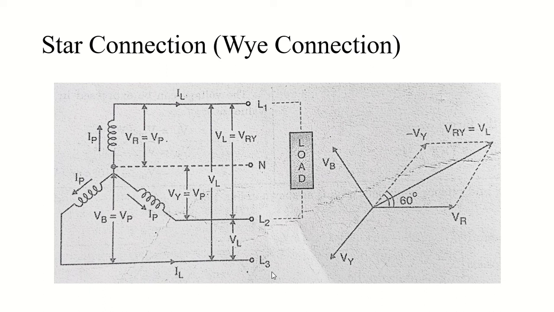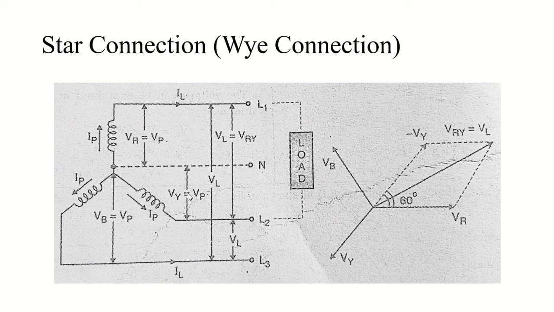The voltages between L1 and L3, between these lines, are called line voltages. The voltage between any two lines, doesn't matter whether it is L1 or L2 or L2 or L3 or anything, is called line voltage. And the voltage between a phase and the neutral is called phase voltage. Here, the voltage between R and the neutral point is VR, a phase voltage.